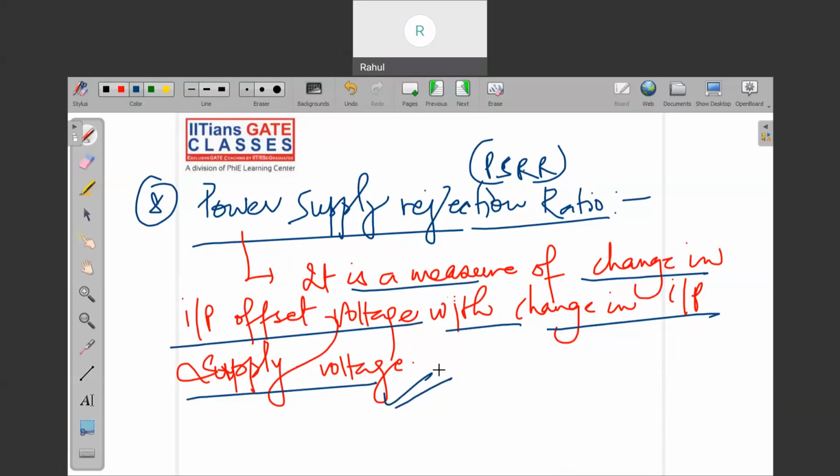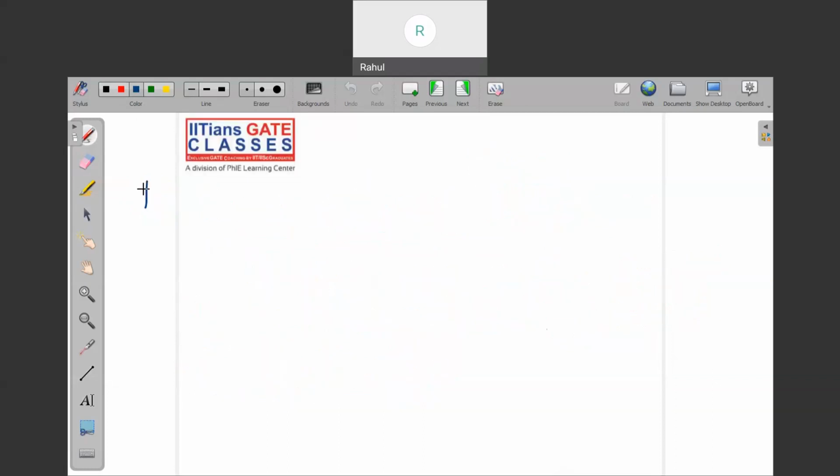Ideally the PSRR should be 0. This is very, very important.